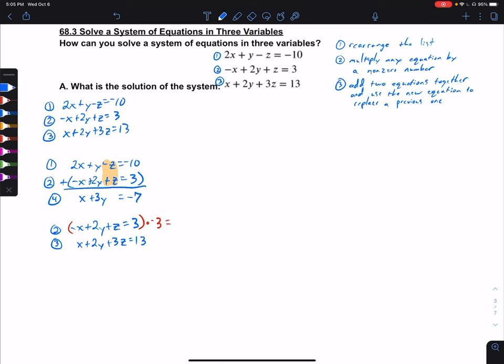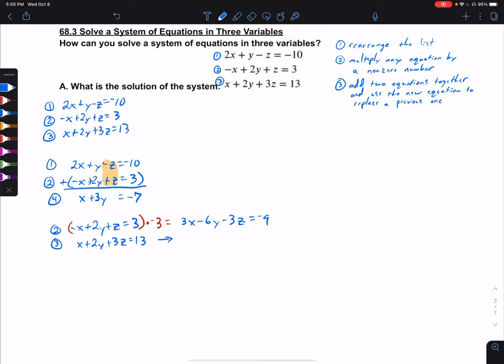So negative 3 times negative x would be 3x, minus 6y, minus 3z. This is where a lot of mistakes are made, so be careful when you're multiplying these out. Check to make sure that this is correct: 3x, negative 6y, negative 3z, and negative 9.